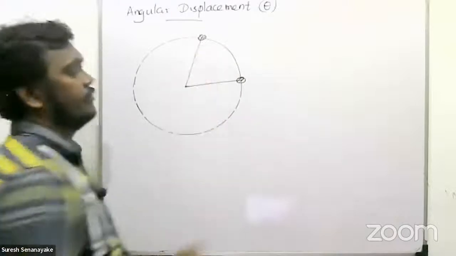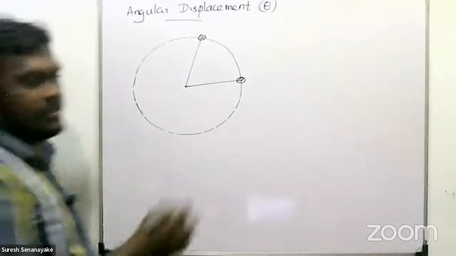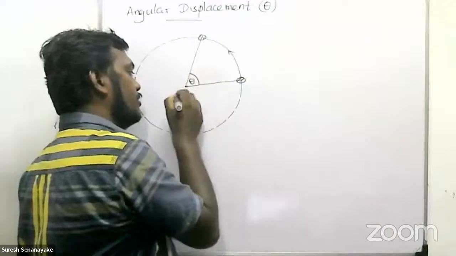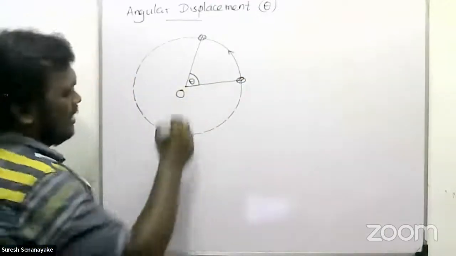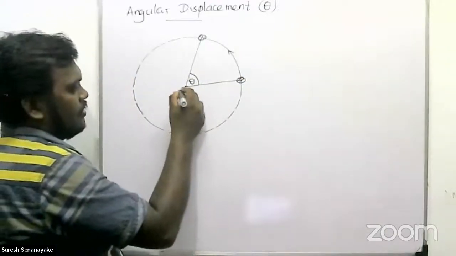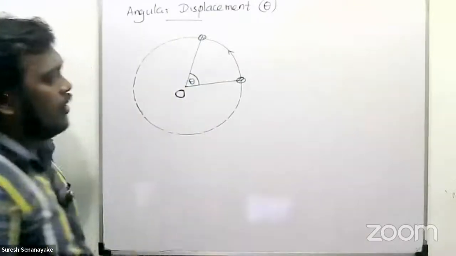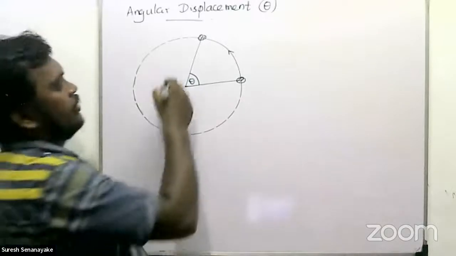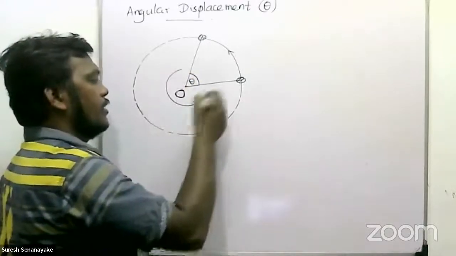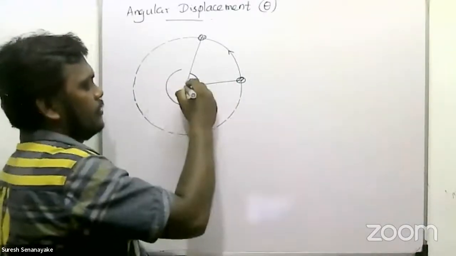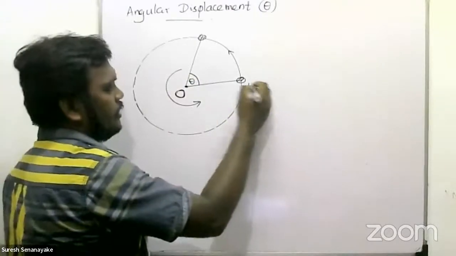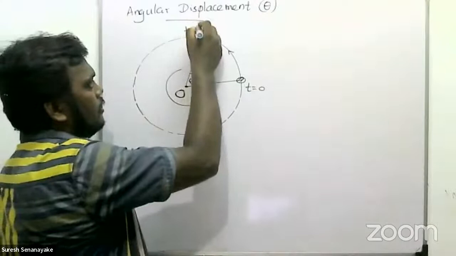From here to here. So the axis of rotation is a fixed point. About this point, the object is moved, right? So you can say it's moving about this axis. At t equals 0 it is here.